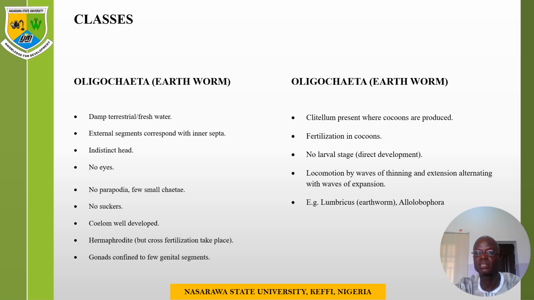Locomotion is by waves of thinning and extension alternating with waves of expansion. That is, they first thin their body, extend it, then expand, and move forward. An example of this organism is Lumbricus, that is the earthworm.